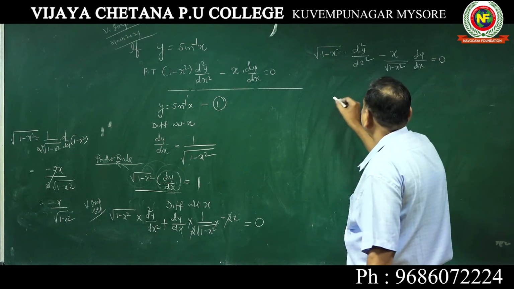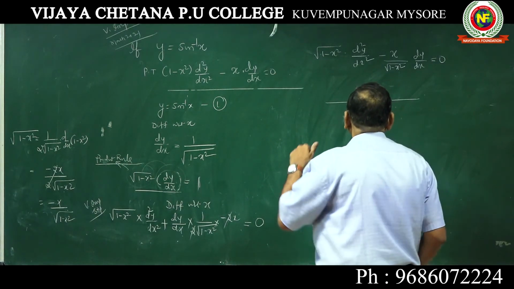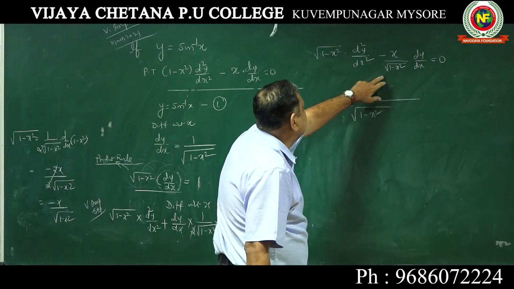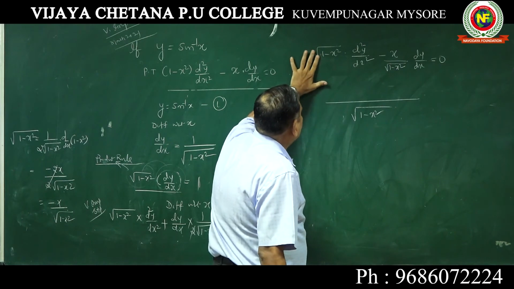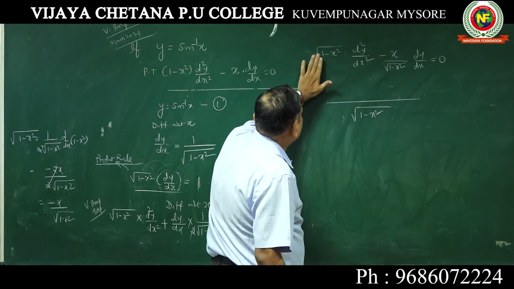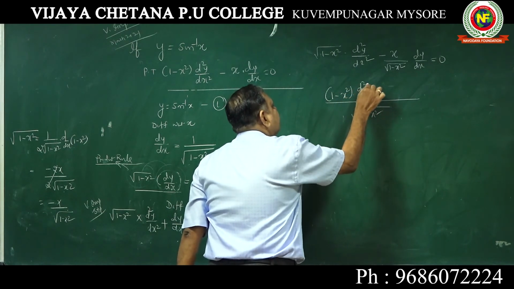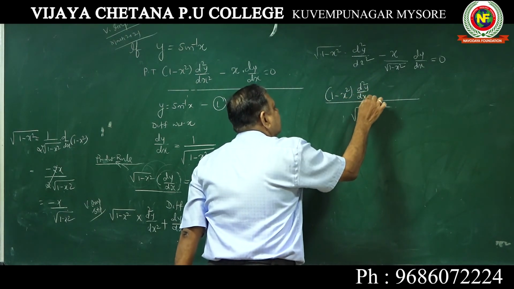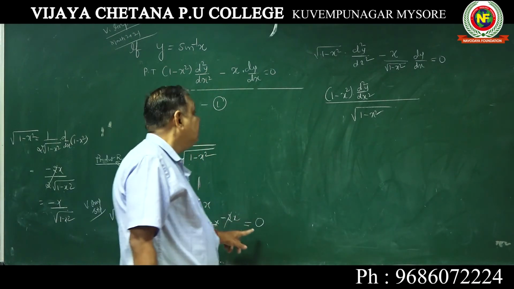Take the LCM, which is root of 1 minus x square. Root of 1 minus x square into root of 1 minus x square gives 1 minus x square d square y over dx square. The right side is 0, because d by dx of 1 is 0.